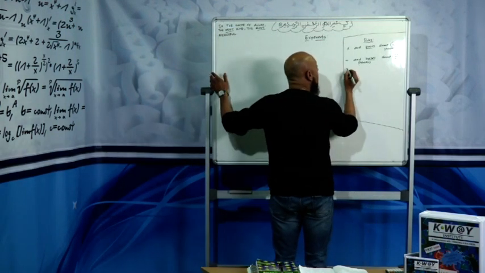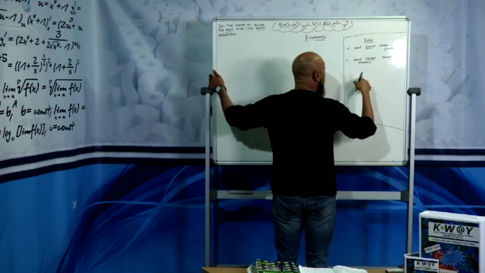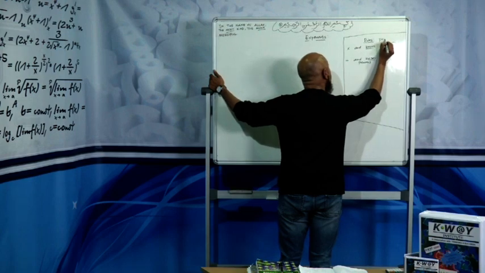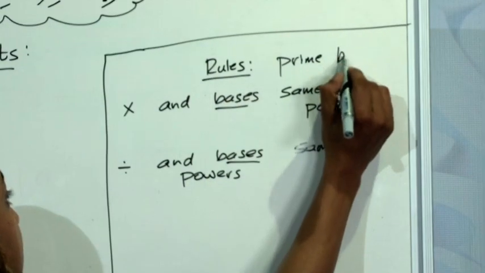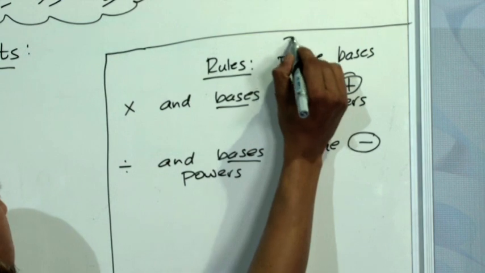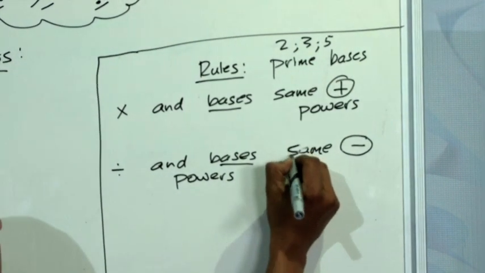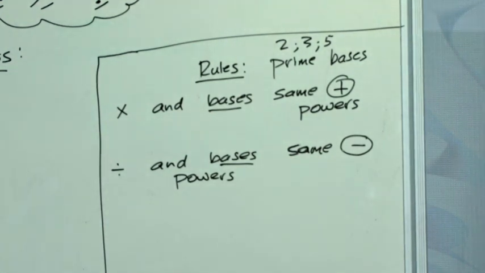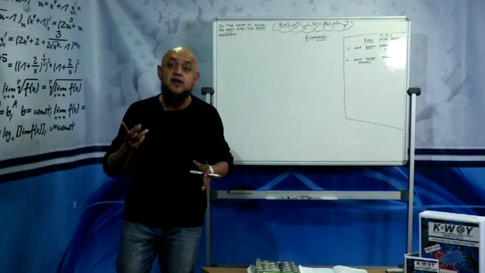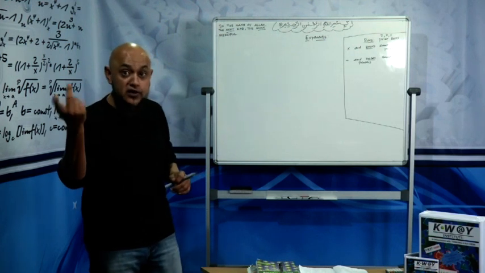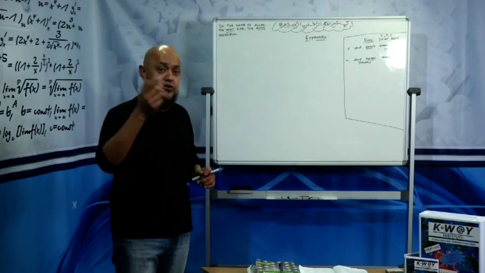Before I continue with the rules, I just want you to remember that we're always going to be using prime bases. What are your prime numbers? 2s, 3s, and 5s. Prime numbers are numbers that have only two factors, 1 and itself, like the number 2. There's only two numbers that can go into 2, 1 and the number 2.